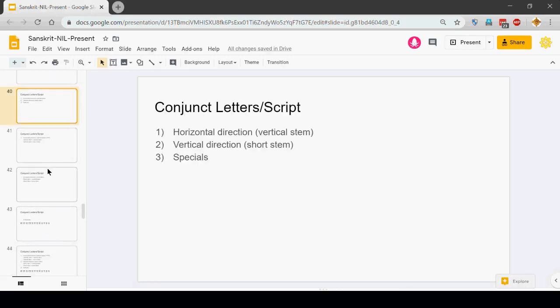And then the conjunct letters. I sent a table of conjunct letters.